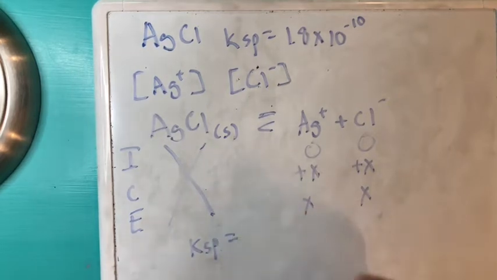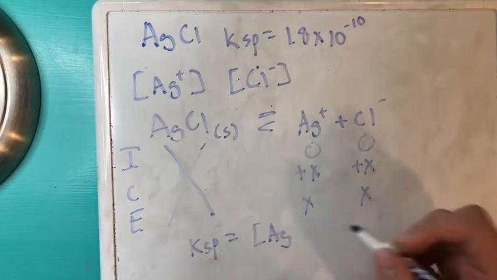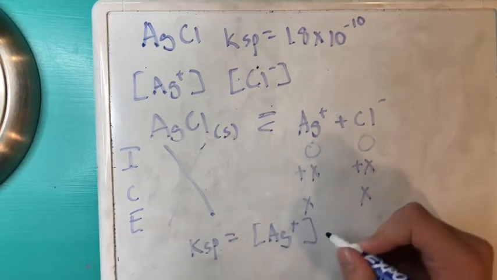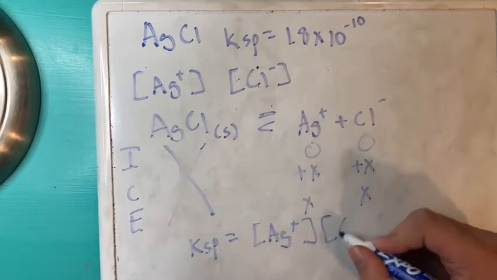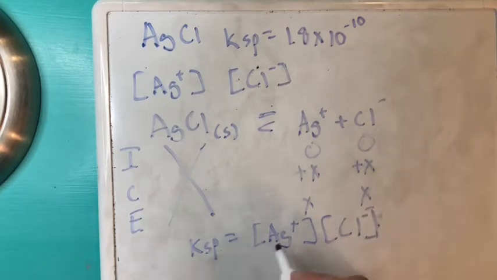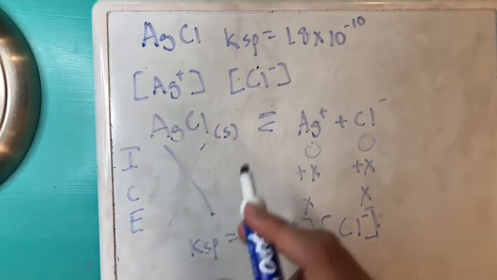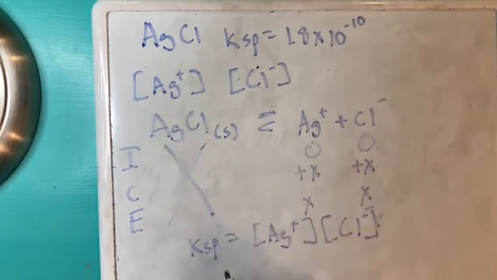So the equilibrium constant of this equation will be KSP equals the concentration of Ag+ times the concentration of Cl- over the reactants, but in this case, the reactant is a solid, so we don't include it.